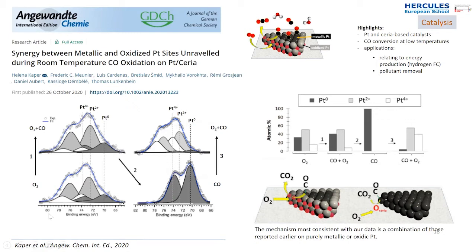Here are photoelectron spectra from the surface, from the platinum. It's actually the core-level spectra of platinum 4f. And you can see that besides metallic platinum, Pt0, there are two other platinum oxides, Pt2+, which is PtO, and Pt4+, PtO2.